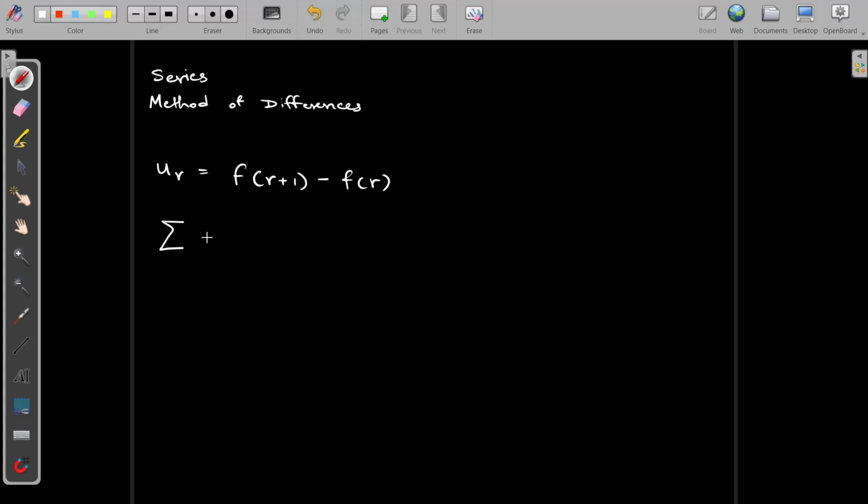So the sum from r equal to 1 all the way up to n of U_r is equal to the sum from r equal to 1 to n of the function f(r+1) minus function of r.